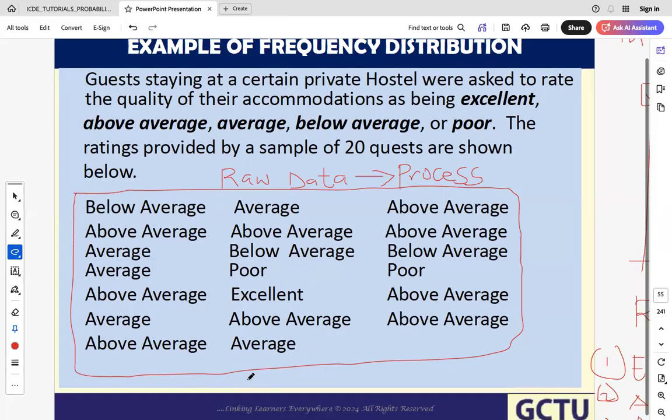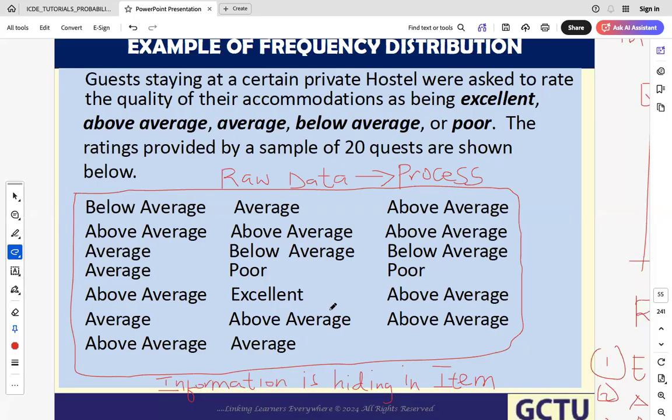Because in statistics, we say that information is always hiding in data. Information is hiding in data. And so you need to extract it. There is much information here we do not know until we process this data.